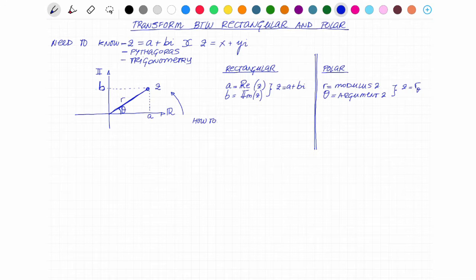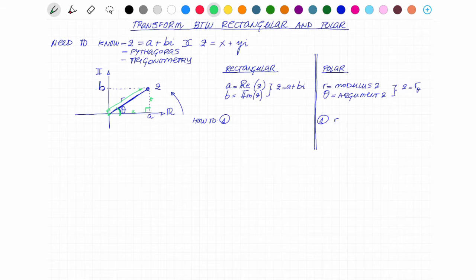So now for the how-to, it's going to be different depending on what I want. So we put a 1 on both sides. If I've got a rectangular form and I want the polar, the modulus is going to be this distance here, which is the hypotenuse of this right angle triangle. And the argument is this angle here, always measured from the origin.